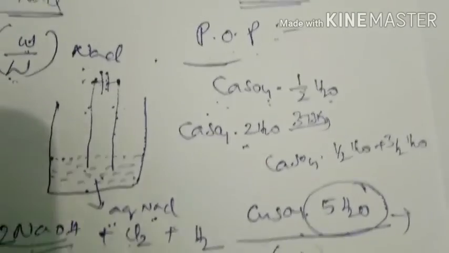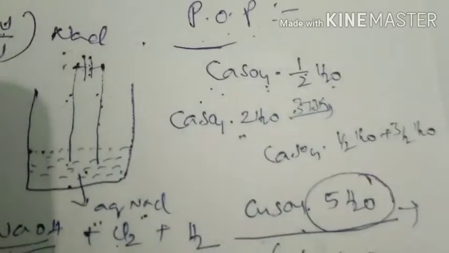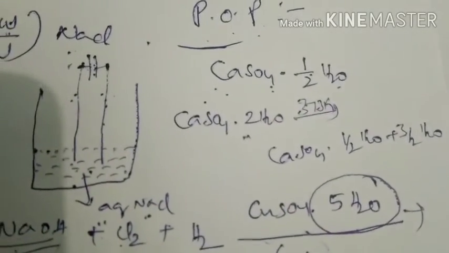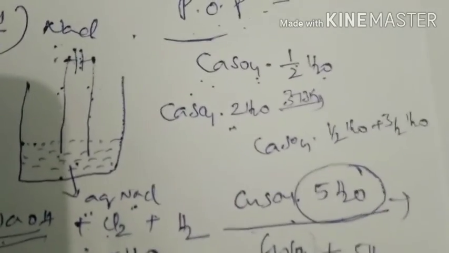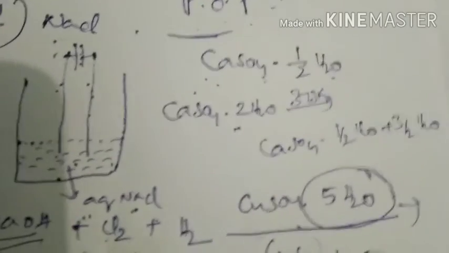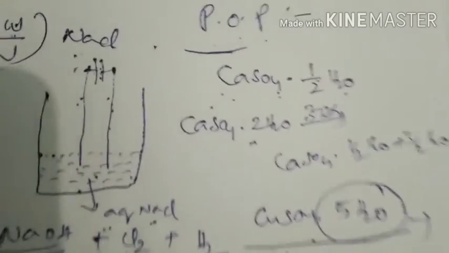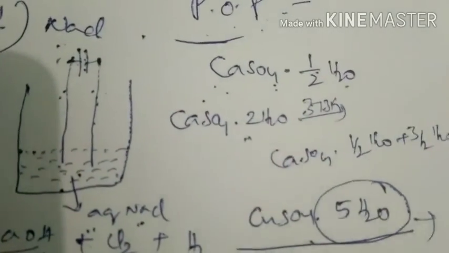That means damaged teeth in our mouth can be replaced with new teeth that are attached with the help of plaster of Paris.